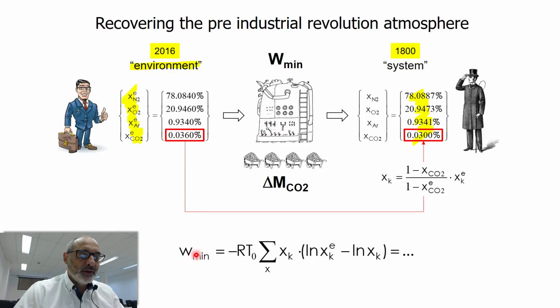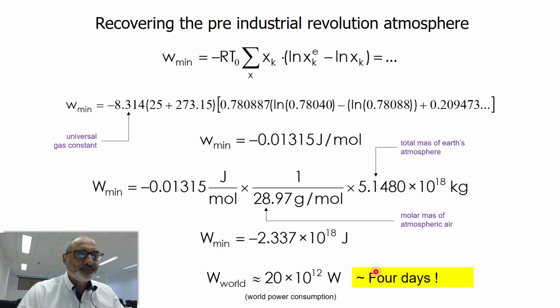The minimum amount of work is here. It may be positive or negative, depending on the sense of the process, or who you're defining to be the environment, okay. So we're going to use this expression. I transfer this expression here just for reference. So let's apply it. Minus R, this is the gas constant, okay, times temperature.